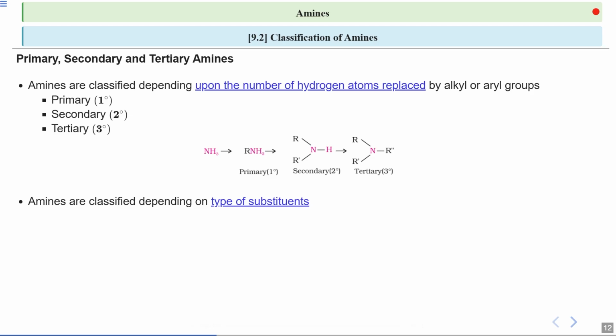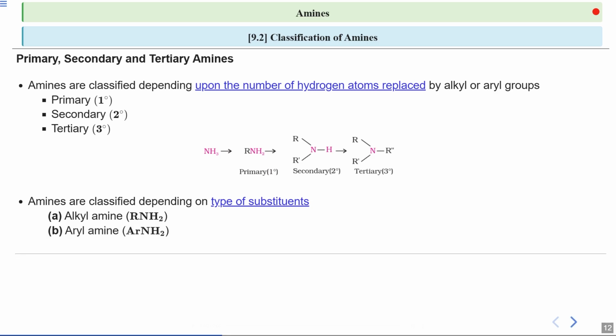So it is classified into 2 main types: alkyl amines, which have the general formula RNH2. Here R stands for an alkyl group like methyl or ethyl. And the second one is aryl amines, which have the general formula ArNH2. So Ar stands for an aryl group, such as the phenyl group from benzene. Okay, for example, aniline.